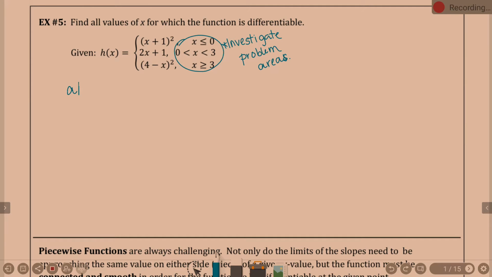So let's talk about what's happening at 0. Like the y value. I'm trying to look and see how I did this in my notes.